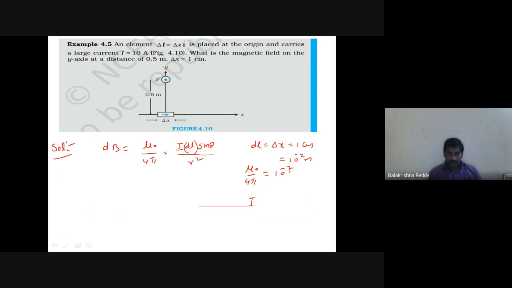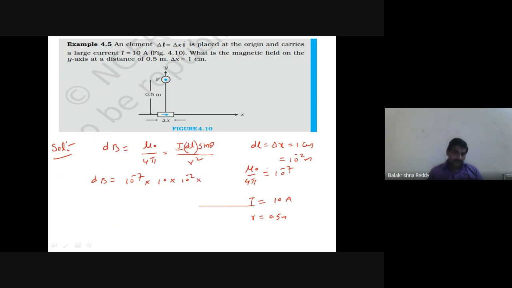I equal to 10 amperes, as mentioned in the question. At a distance of 0.5 meters, in the same system. So if you substitute all this, 10 to the power minus 7 into 10 into 1 into 10 to the power minus 2 dl in sine theta.